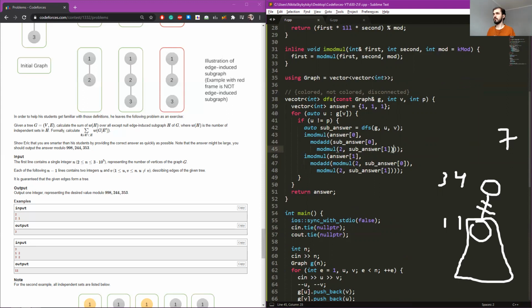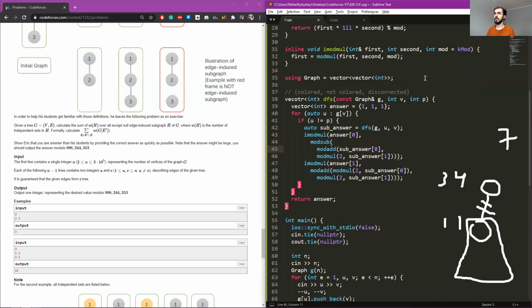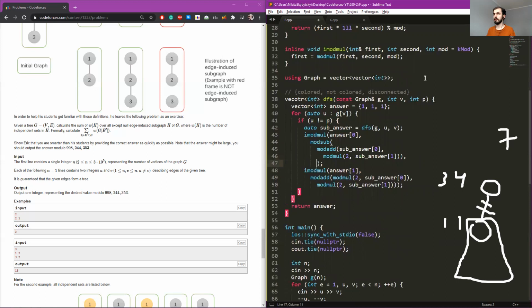So we should subtract the ones. This is paired, so we want to subtract here.